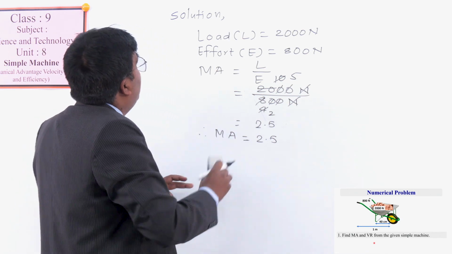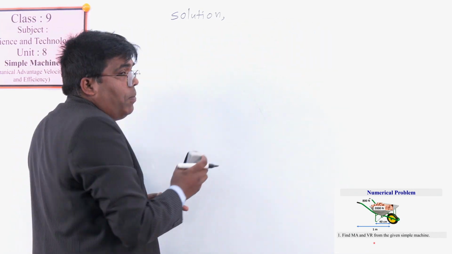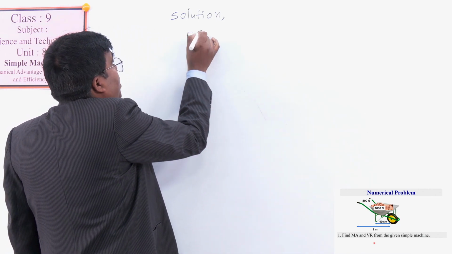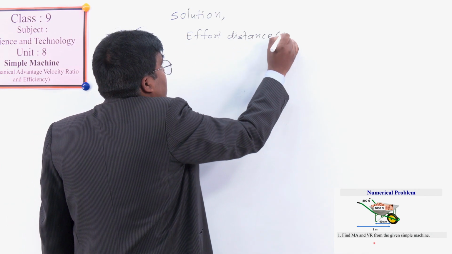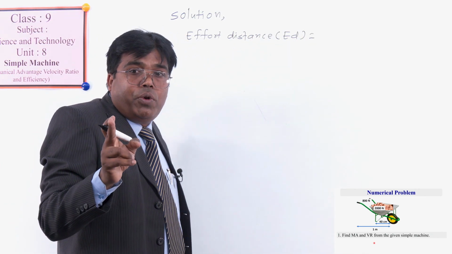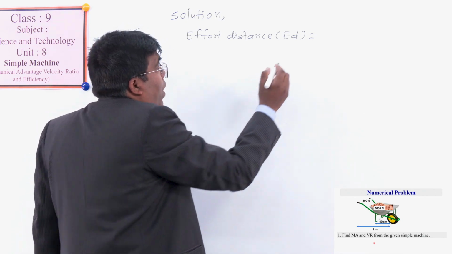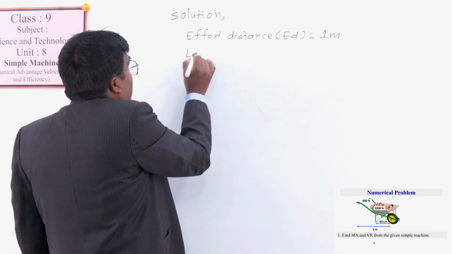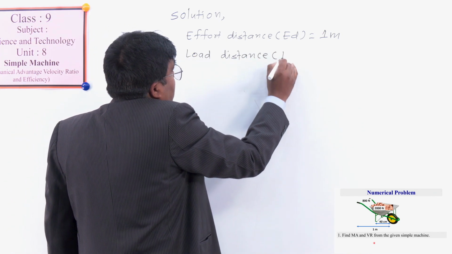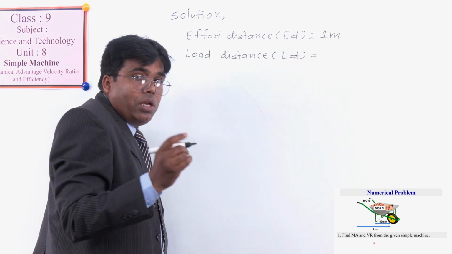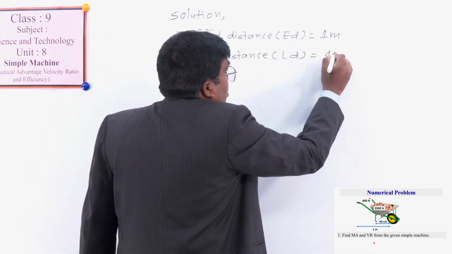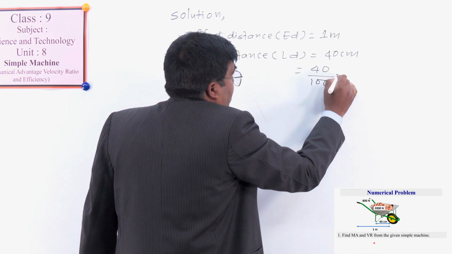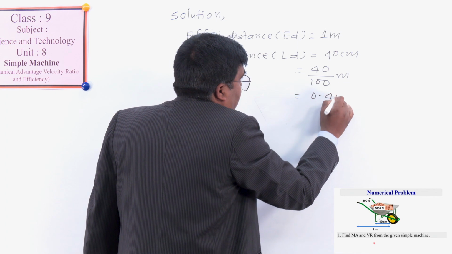How to find VR then? For VR, we require effort distance and load distance. Effort distance, that is ED. Effort distance is how much? From fulcrum to effort, so 1 meter. Let's leave it as it is. Load distance, that is the distance between fulcrum and load, that is 40 centimeter. So convert it to the SI system: 40 by 100 meter, it will be 0.4 meter.